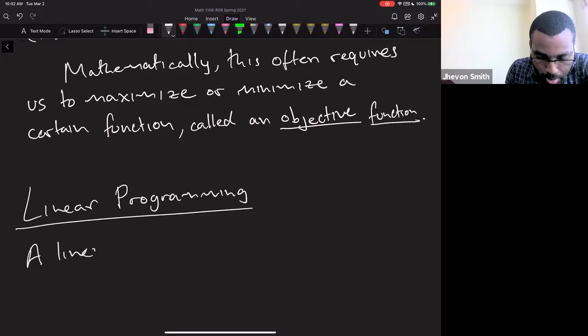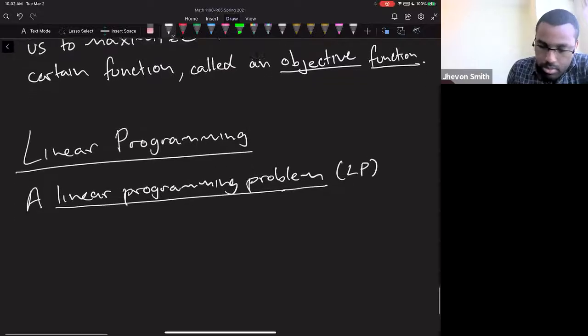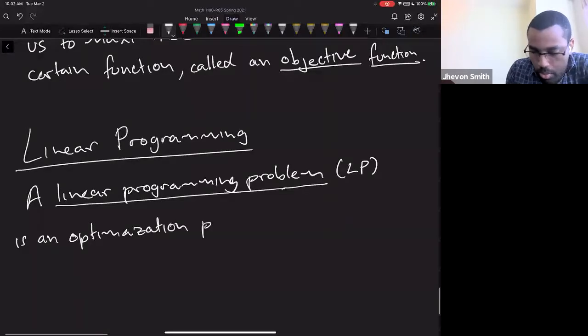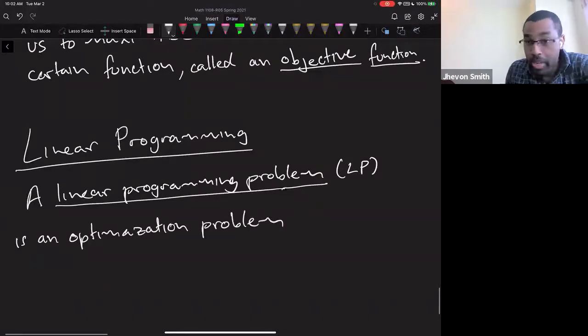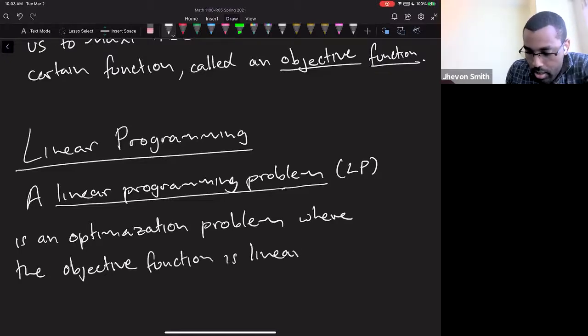A linear programming problem, often abbreviated LP, is an optimization problem, which means our goal is to make something as good as it can be within some constraints, where the objective function is linear. Right?